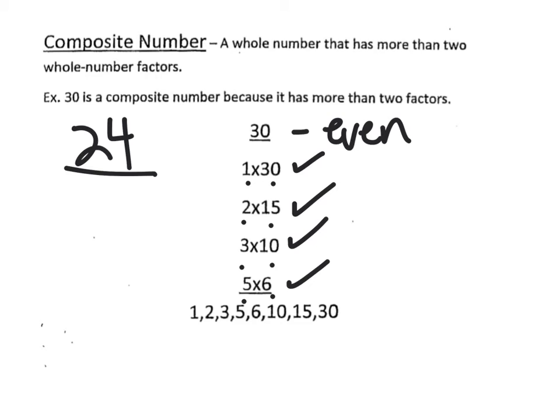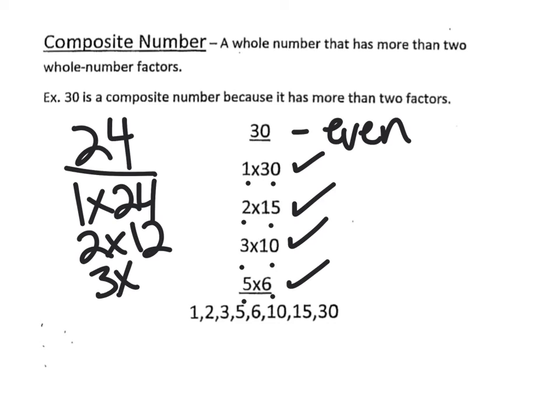I could say it's a composite number because 24 is an even number. My proof could be, well, it's even, or I can do 1 times 24, 2 times 12, 3 times 8, and I could also do 4 times 6. It has quite a few factors itself. But because of my factoring and the fact that it's even, automatically it's going to be composite.